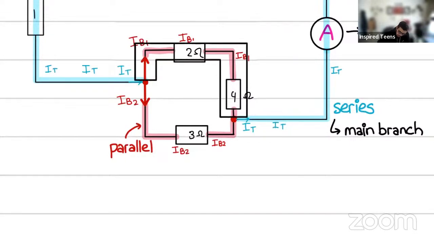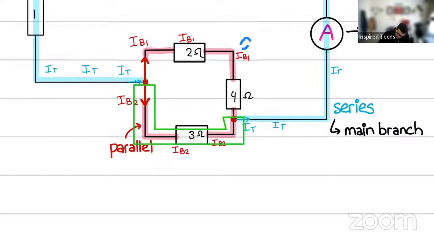Then we also have this branch here, starts here, ends there. I hope you can see those two different branches. Let's maybe do this, and that. Maybe that helps a little bit. But we have two of those branches, the I branch 1, the upper branch, and the lower branch.